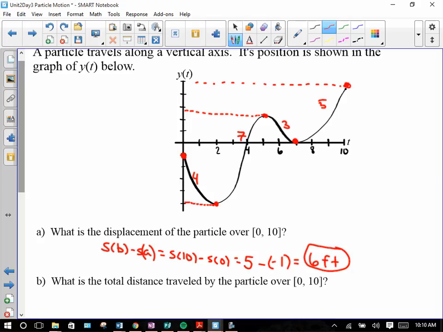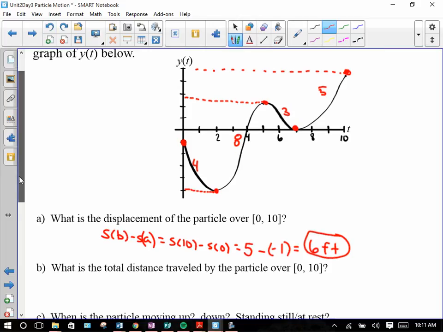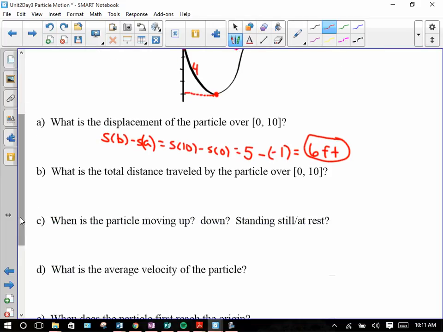So we have 4, 7, 3, 5. So 4 plus 7 is 11, 14, 19. Our total distance traveled by the particle from 0 to 10 is 20.